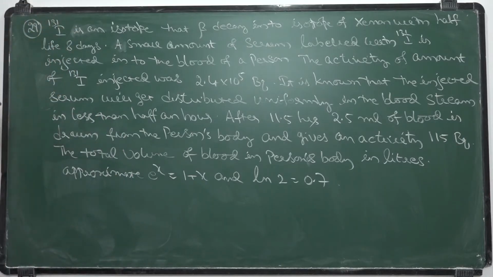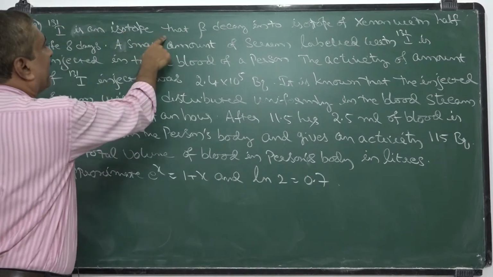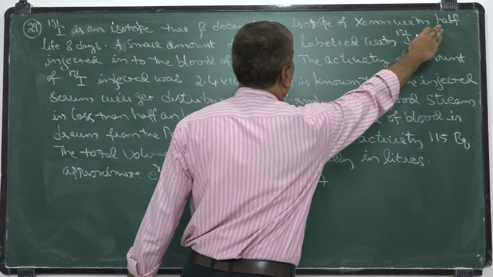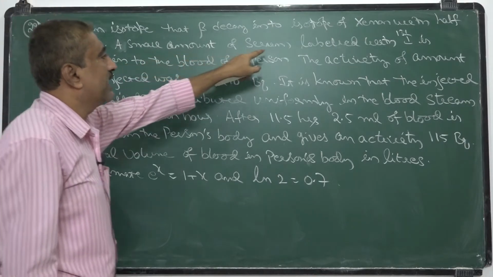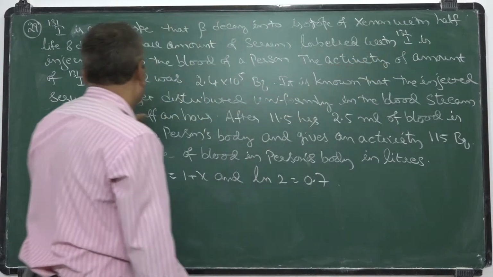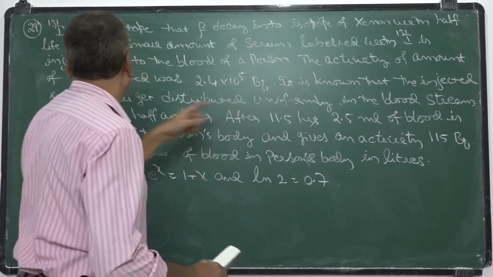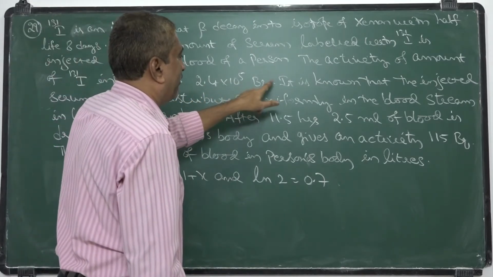Okay, this is the question. It's a lengthy question. So I-131 is an isotope of iodine that beta decays into an isotope of xenon with half-life 8 days. A small amount of serum labeled with I-131 is injected into the blood of a person. The activity amount of I-131 injected was 2.4 10 to the power 5 becquerel.